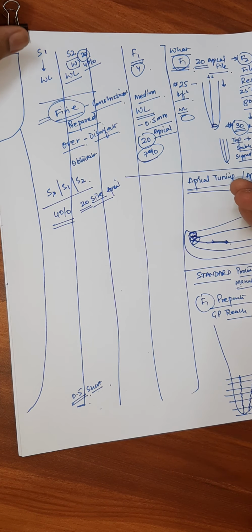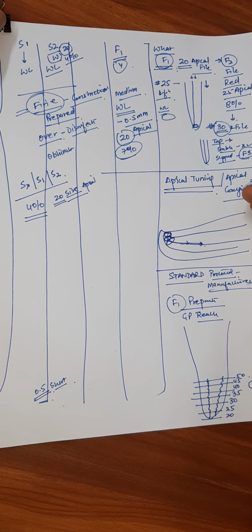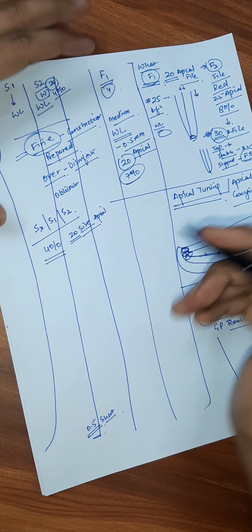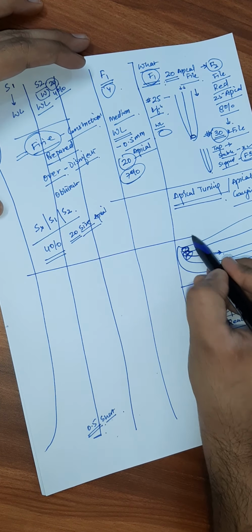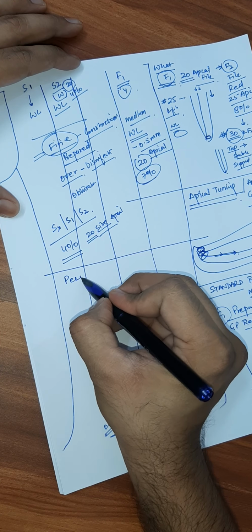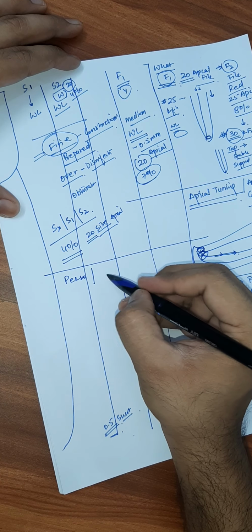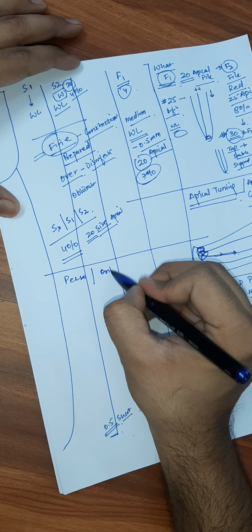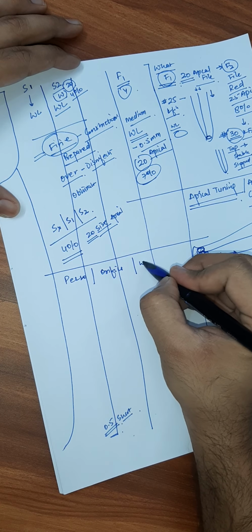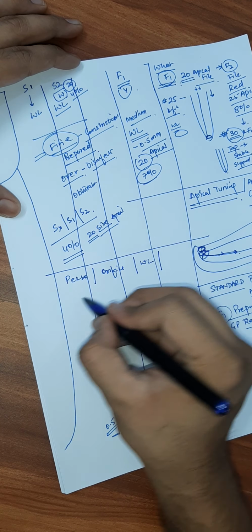I will teach apical tuning again in one of the modules, but right now this protocol is using a piezo, followed by taking an orifice enlarger, then we are reaching the working length.